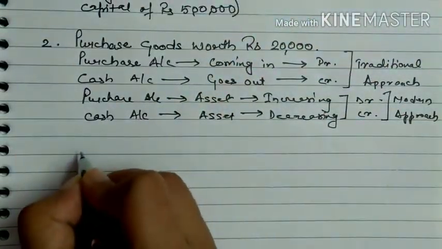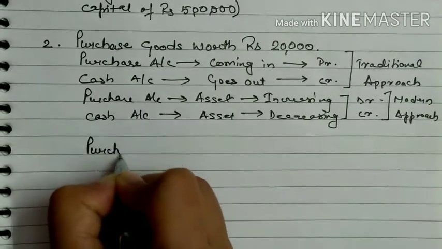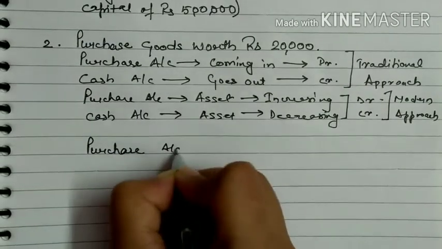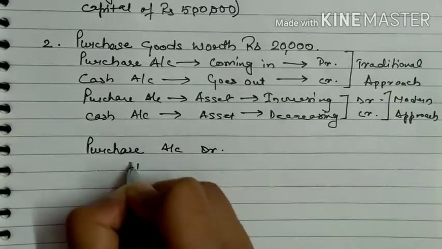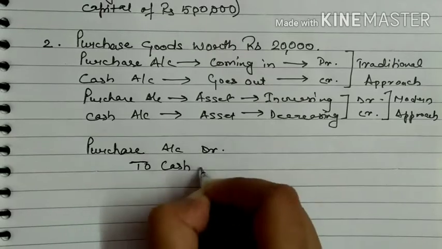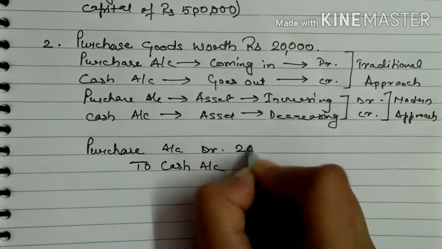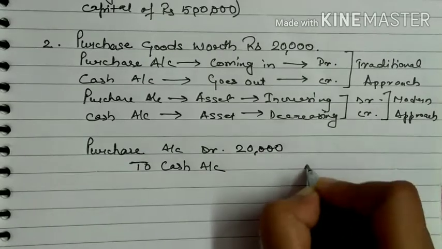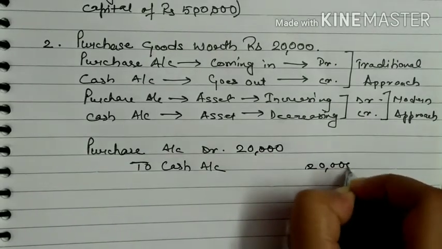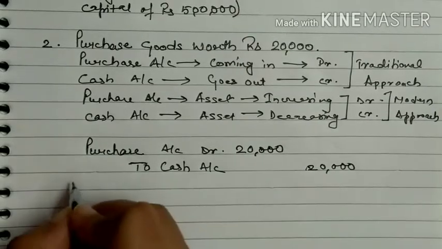So according to this, now my entry will be purchase account debit to cash account, and I'll write the amount as 20,000 in the debit side and 20,000 in the column of credit, right?